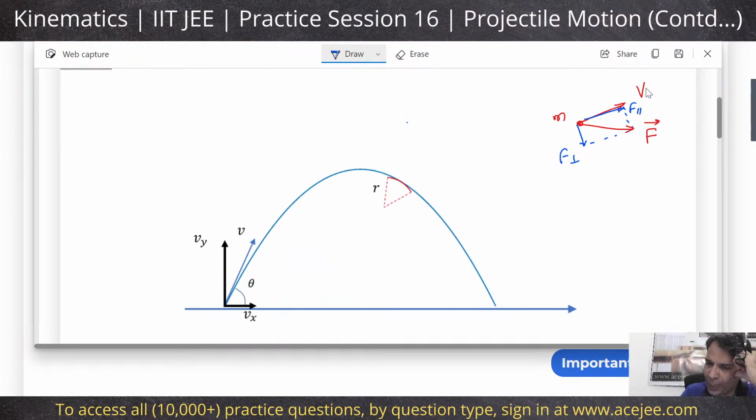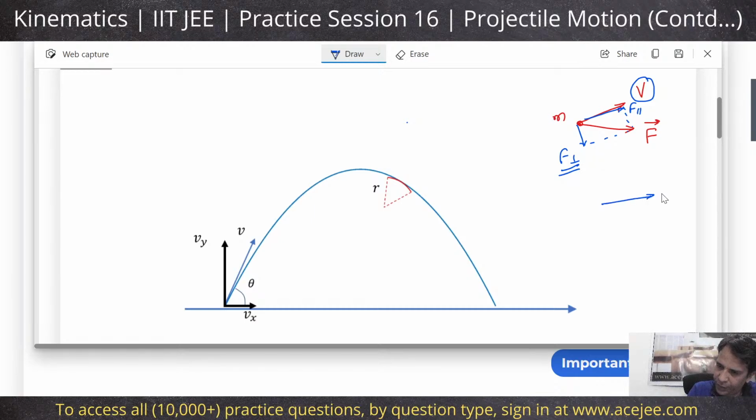Now F parallel will tend to increase the magnitude of the velocity. What will F perpendicular do? F perpendicular will tend to change the direction of V, right? Remember what we said when we were looking at circular motion? So F perpendicular will act at that point to change the direction.